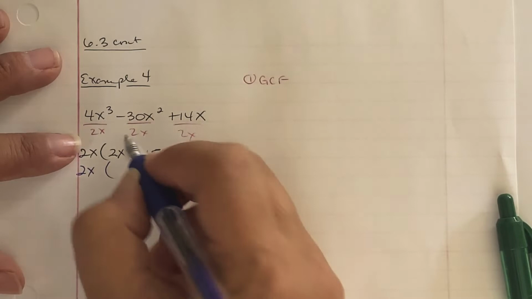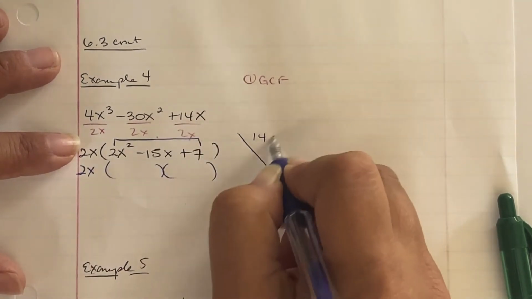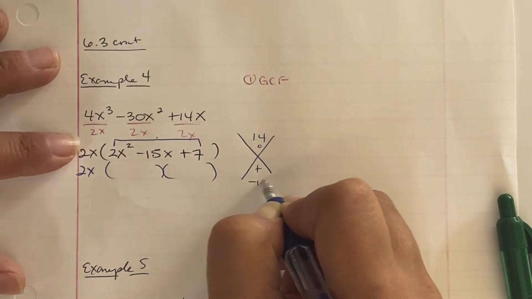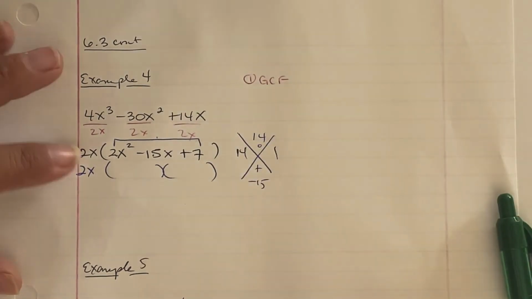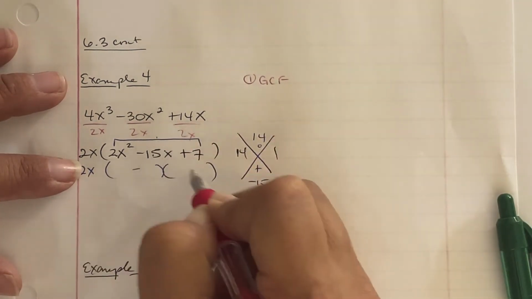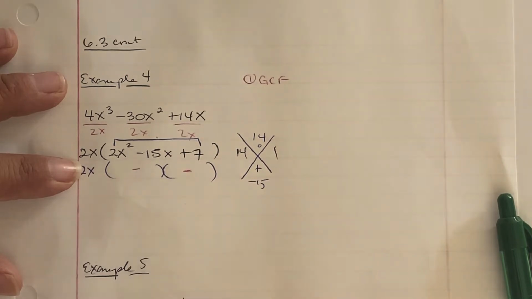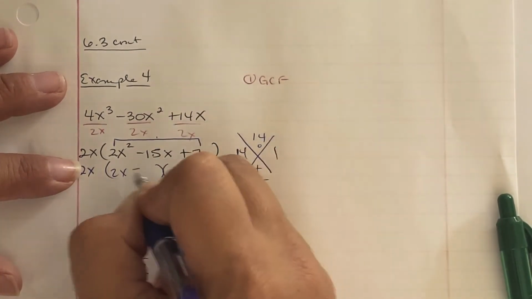2 times 7, that is 14, has to add to negative 15. Well, 14 and 1 are the only numbers that can get you to 15. And then since 15 is negative, it means we are both negative values. We have 2x, 2x, and we said 14 and 1, so 14 and 1. Reduce if possible.